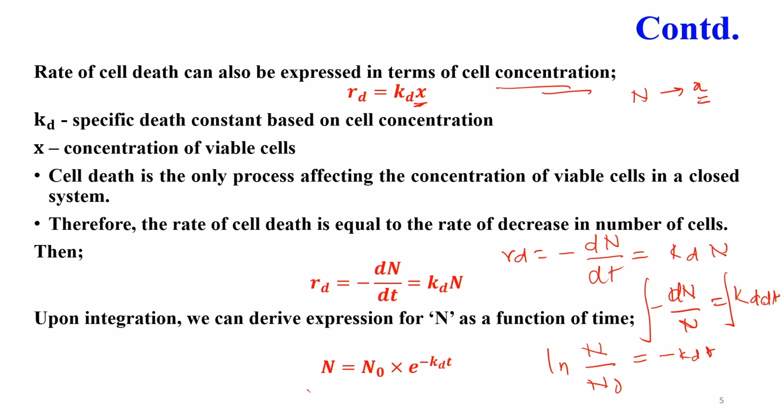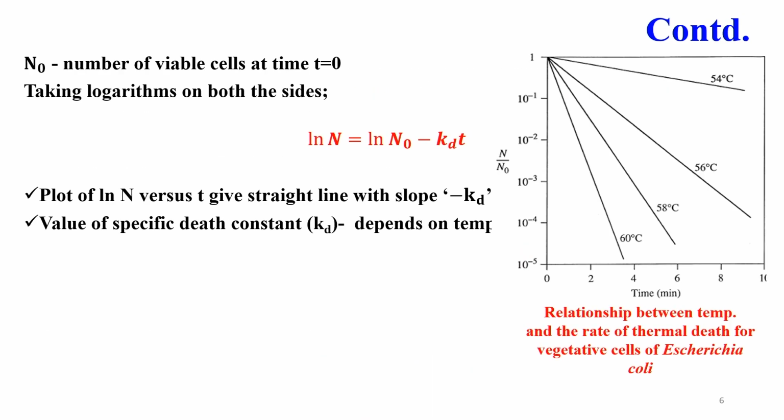So, we write N as N naught into e to the power minus Kd into t. In this way, the death rate constant, time and N naught, these three factors decide the final number of viable cells after sterilization.